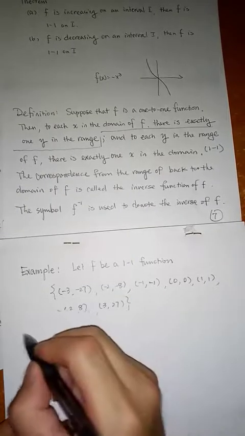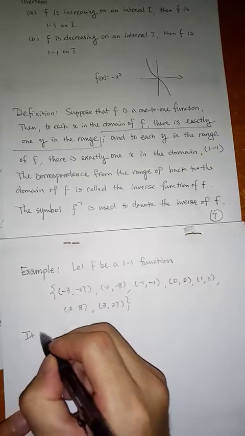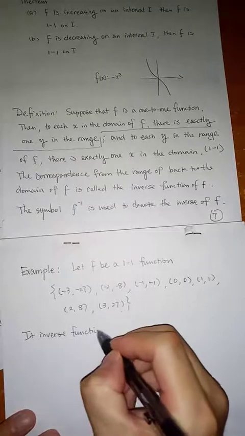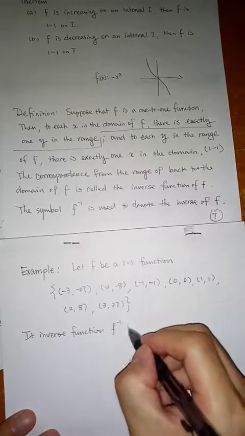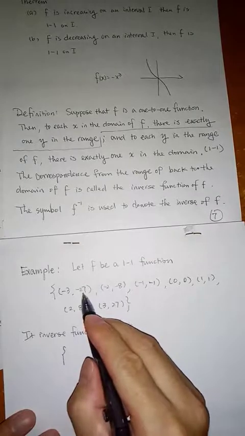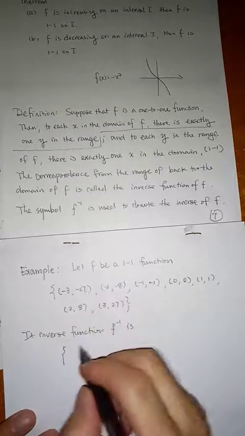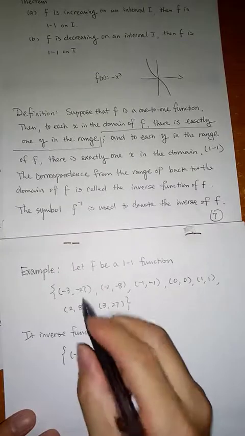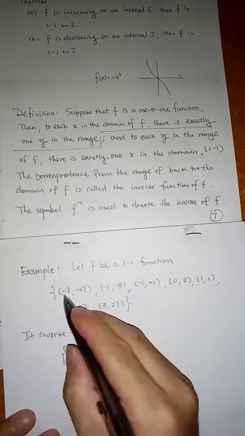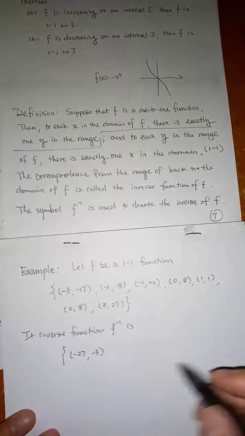Then what is the inverse function? Its inverse function, f inverse, is what? You just take the output of the original function as input. So -27 becomes the input for f inverse, then -3 becomes the output.